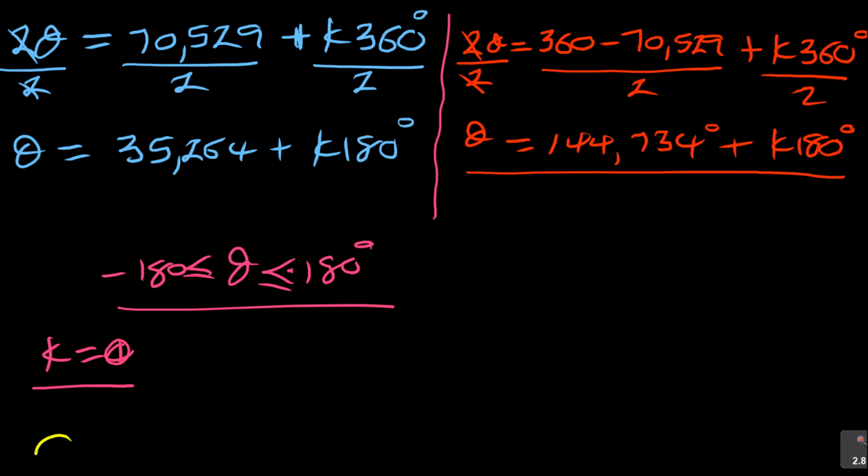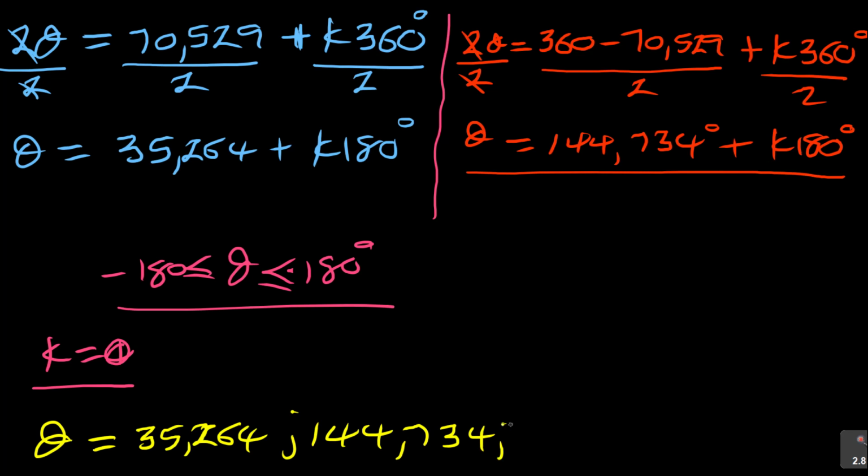So theta is equal to 35,264 on the first one. The other one, K being 0, is 144,734. It is still within our range of values of theta.